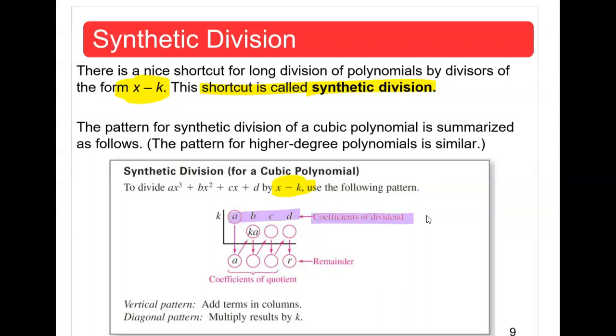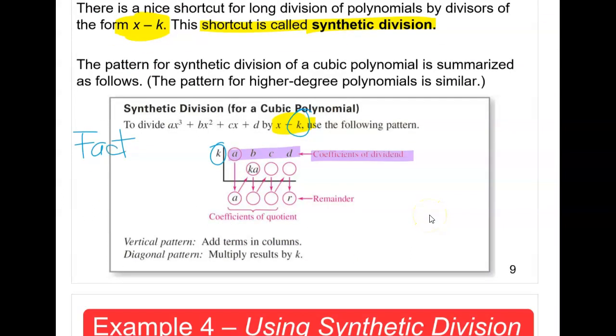and that's what you see here as A, B, C, D. Then we take the constant term of the divisor and we use it here. Remember how we said if the factor is x minus k, then the zero will be x equals, if we take this minus k across the equal sign, x equals k.